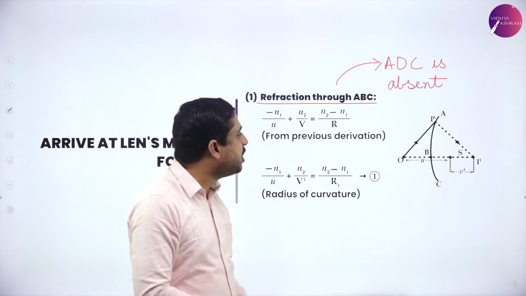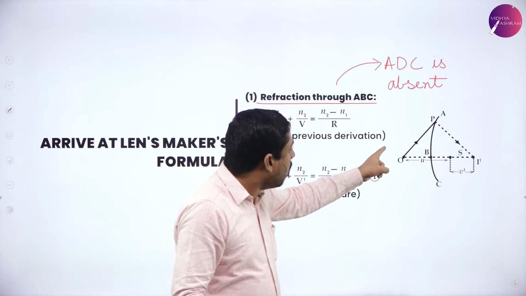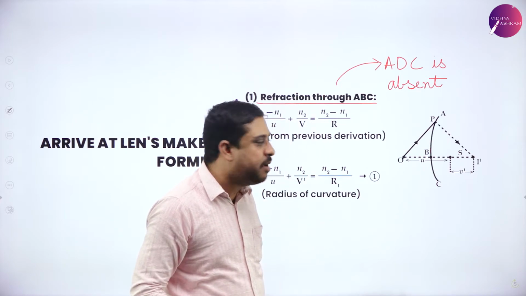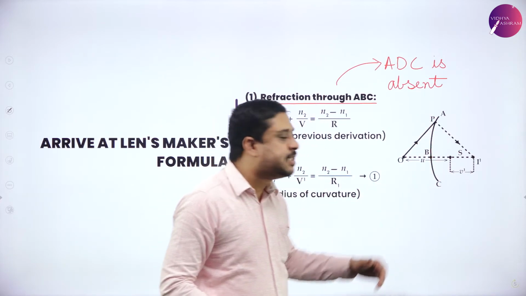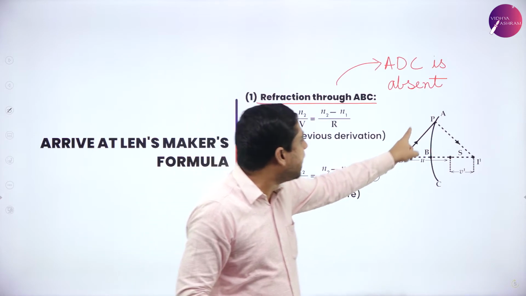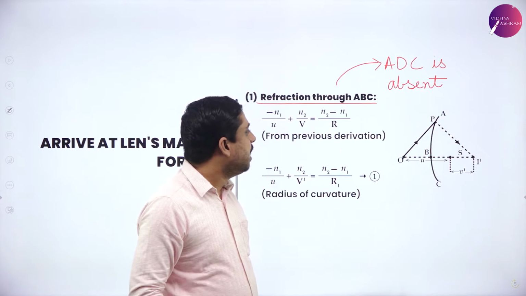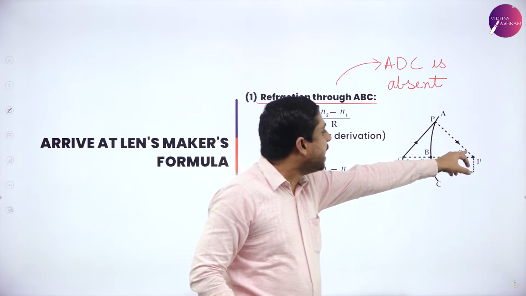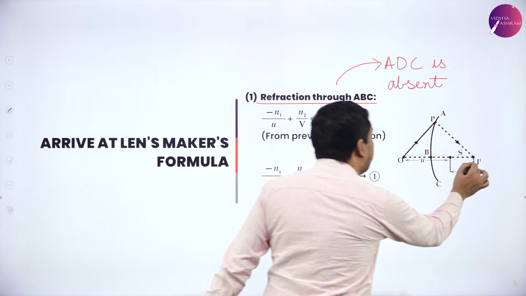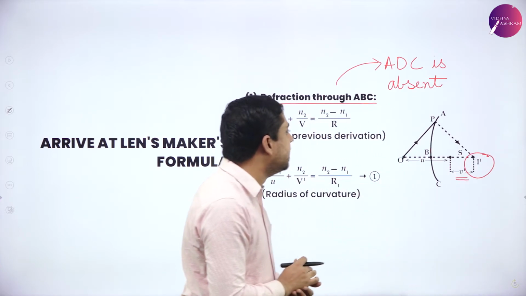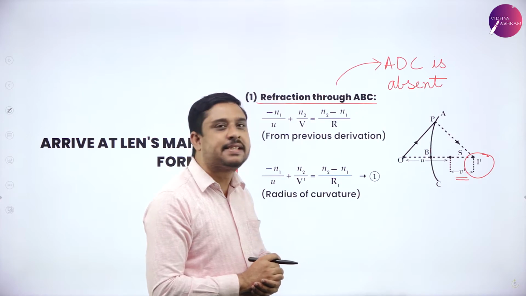So very clearly you see, OP is the incident ray, ADC is not present, light travels straight and now the image is formed at I dash at a distance V dash from the center.